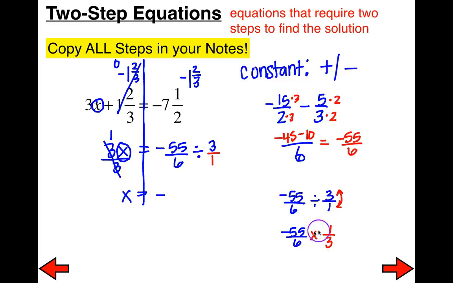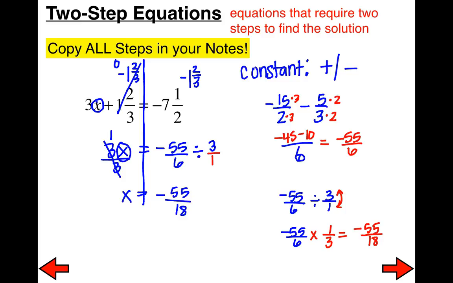I can't cross cancel, so I'm just going to multiply straight across, leaving me with negative 55 over 18. This cannot be reduced, so I'm going to go ahead and say that my answer is negative 55 over 18.